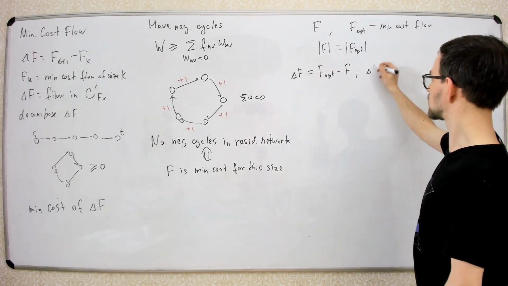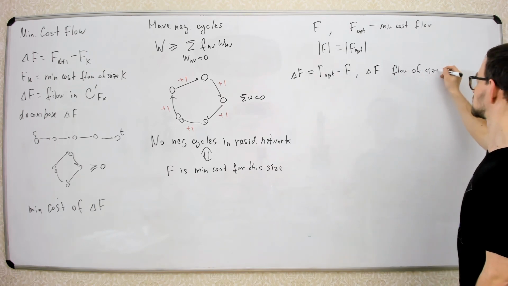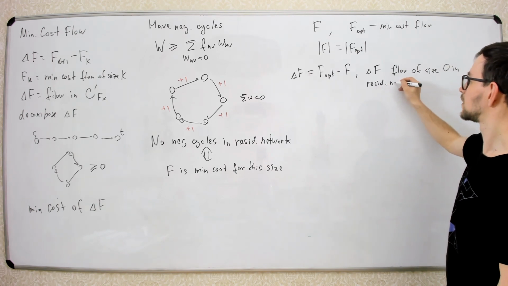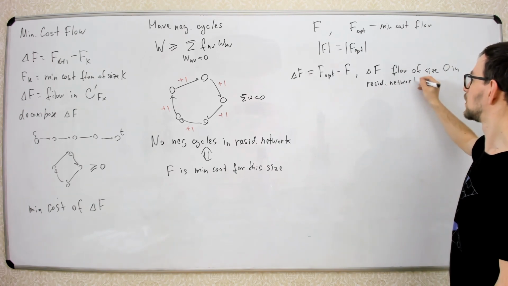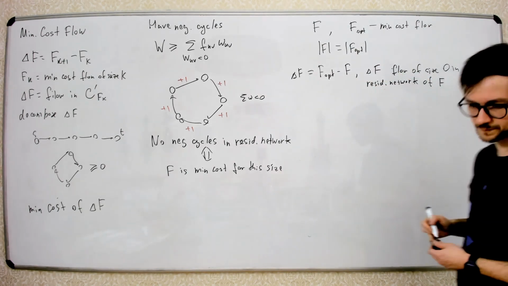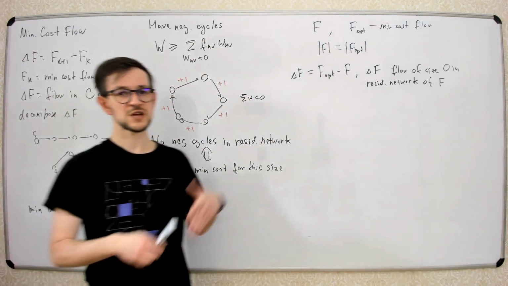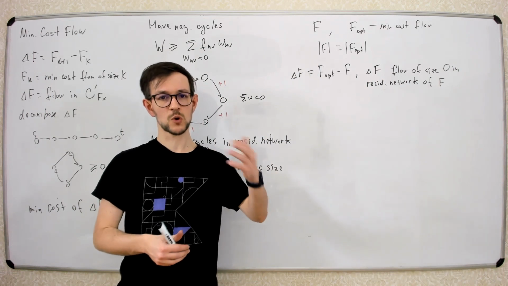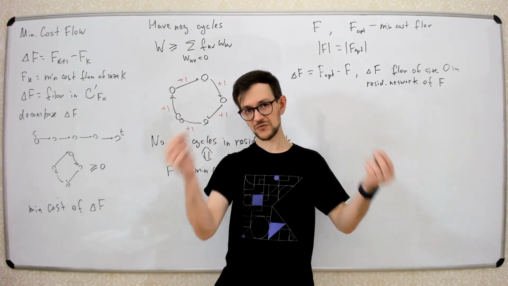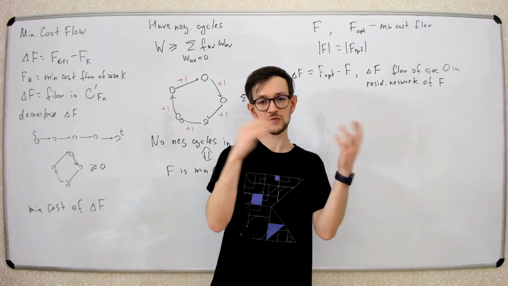So delta F is a flow of size 0 in the residual network of flow F. What is a flow of size 0? A flow of size 0 can be decomposed into a set of cycles. Usually we decompose a flow into a set of paths and cycles. But if the flow has size 0, it is just decomposed into a set of cycles.